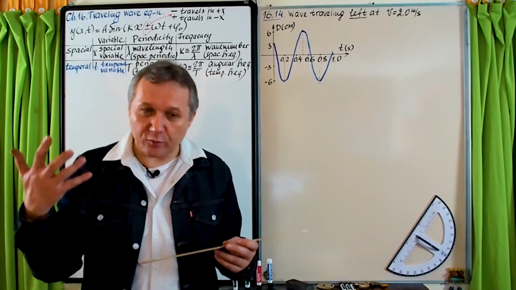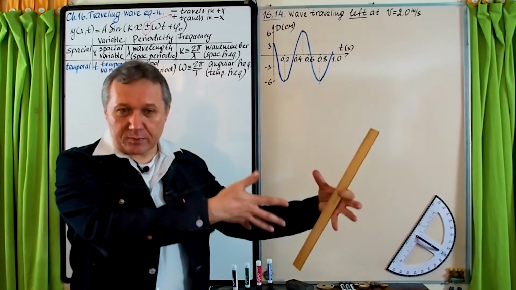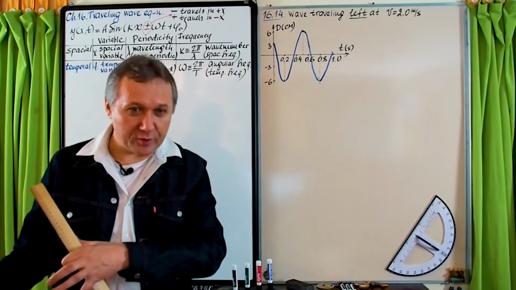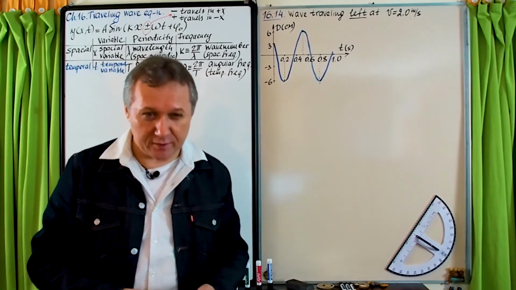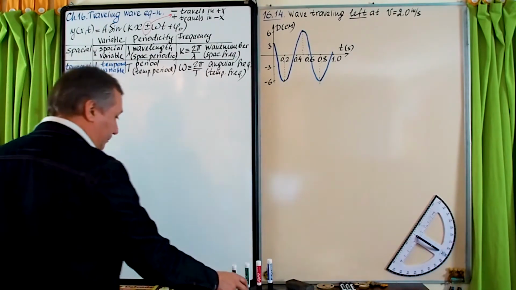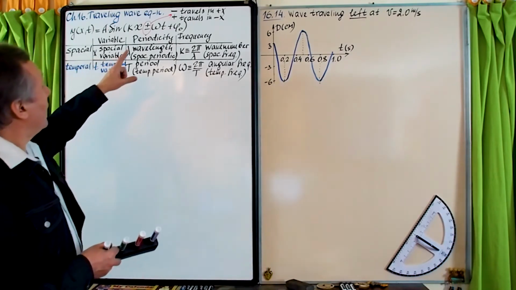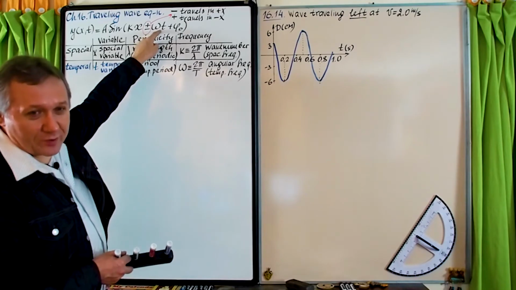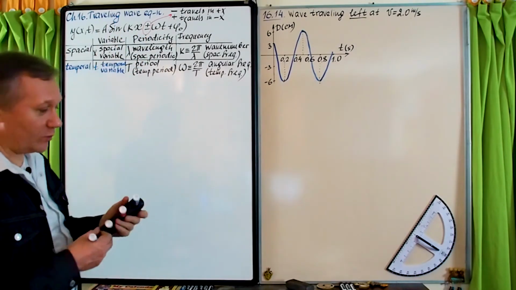So you see, in order to find speed, you need to mix spatial quantity with a temporal quantity. The same story is here, of course. Right? So how can we find speed? You should take something from temporal quantities and something from spatial quantities.